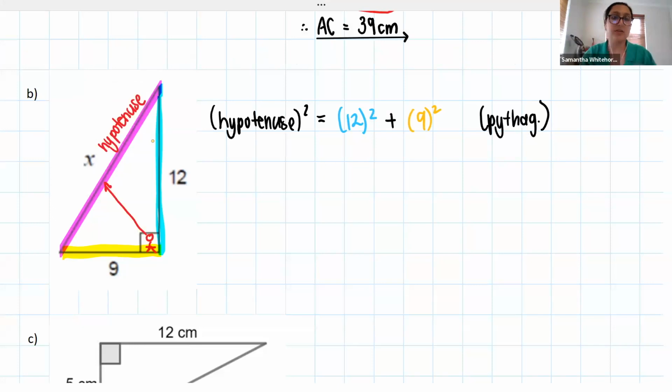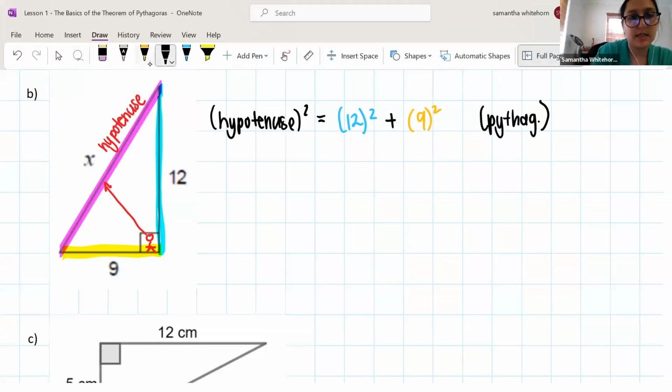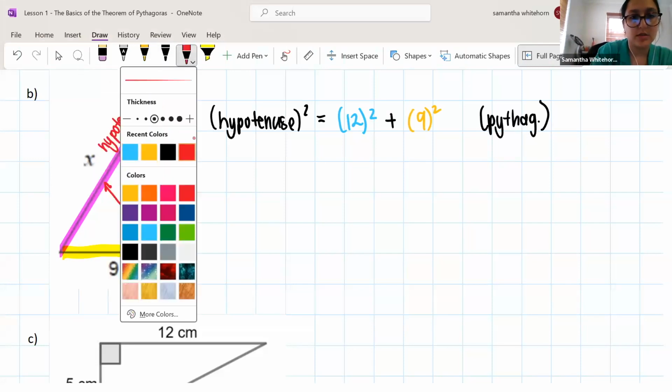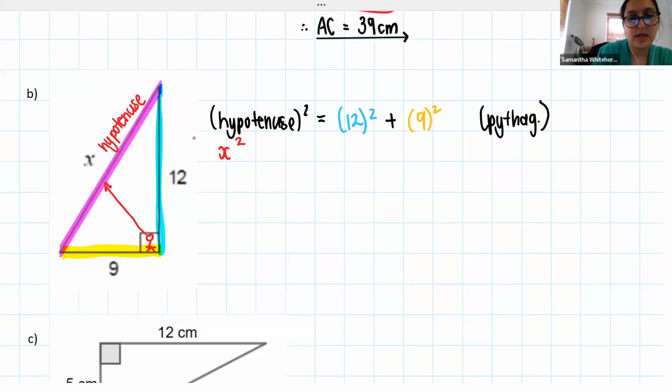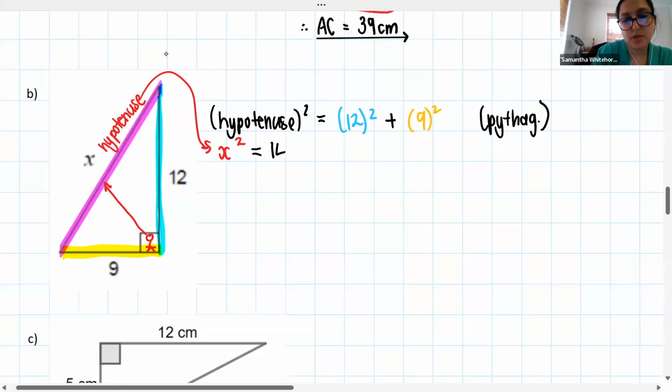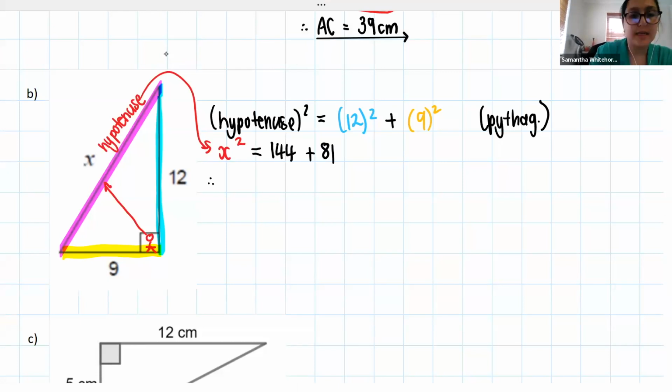Now, guys, the hypotenuse is x, right? We can see that on our diagram. That's not anything too confusing. Hopefully, we've got the x squared because that's my hypotenuse. So x squared is equal to 12 squared, which is 144, plus 9 squared, which is 81. And so we get that x squared is equal to 225.